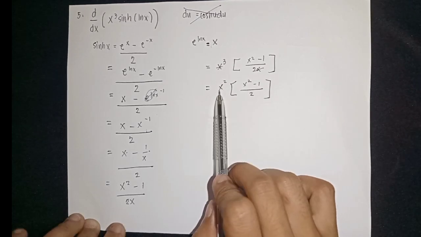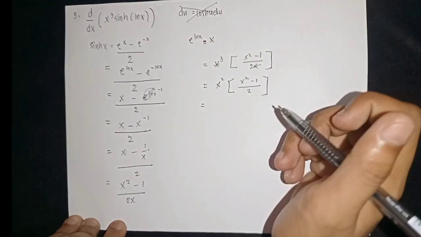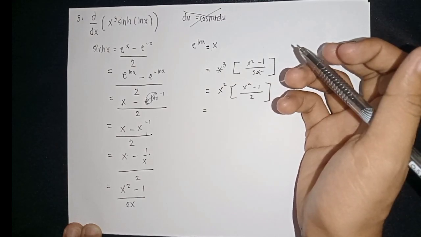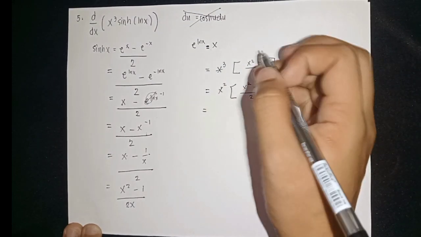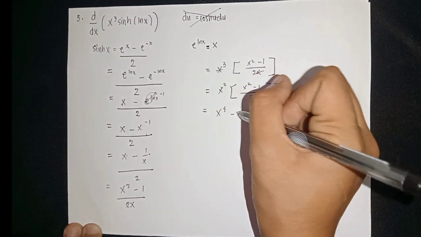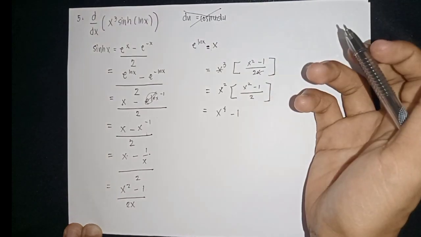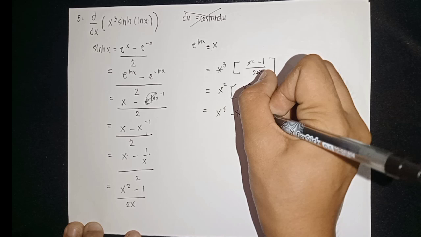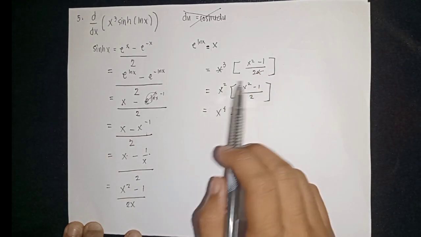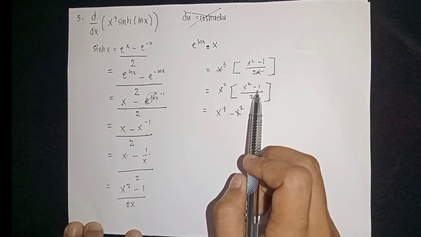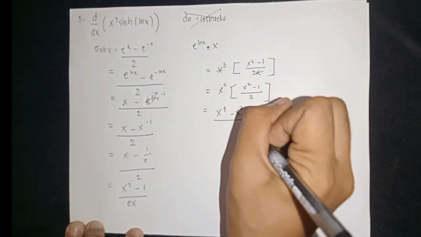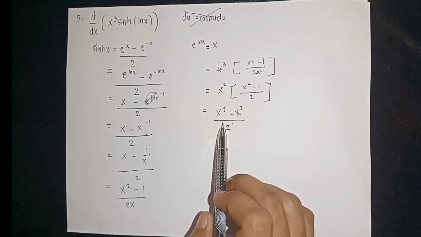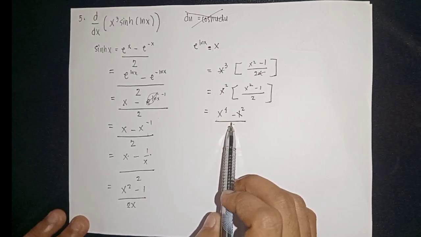As we look at the equation, we can multiply the x squared times x squared, so it will become x raised to 4 minus x squared all over 2. Again, we multiply x squared by x squared to get x raised to 4, and x squared times 1 to get x squared, all over 2.